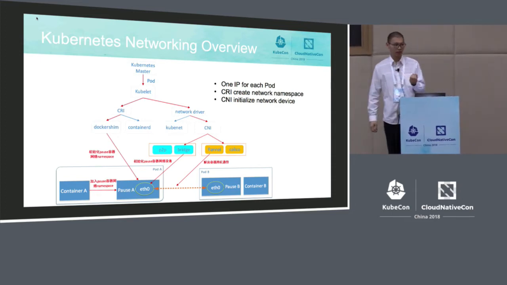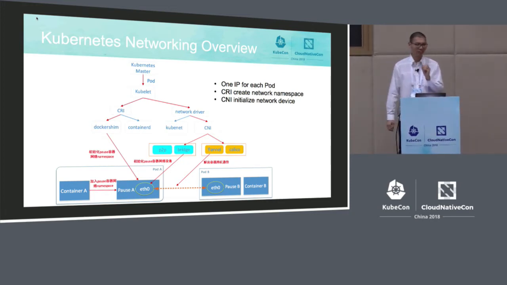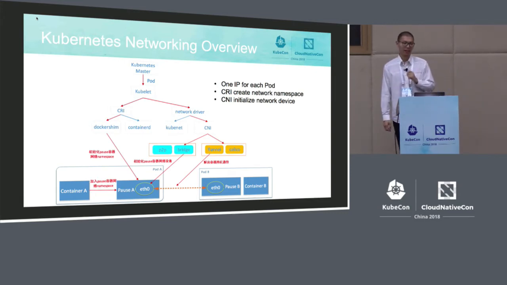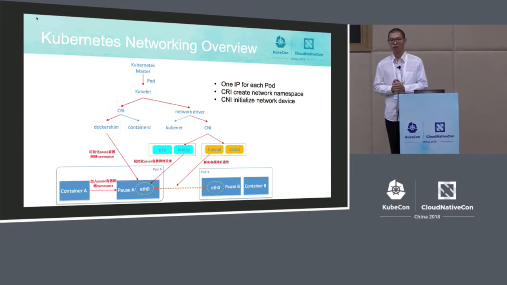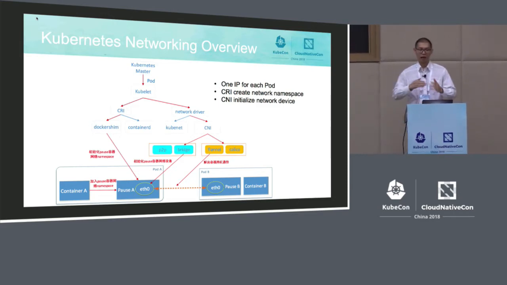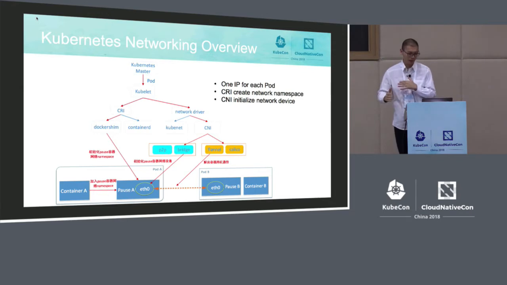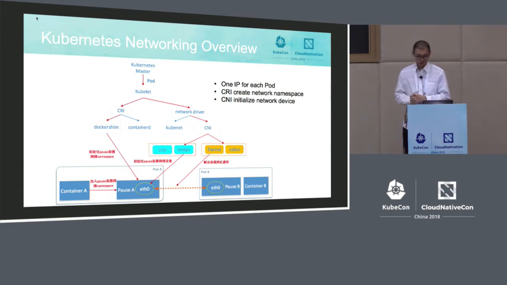When it's done, the container's lo is up and eth0 comes into existence, so node and container communication can be done, but pod-to-pod and node-to-node connectivity cannot be done. So we must have Flannel, Calico, overlay and underlay, all these layers. With this, we can create a tunnel or encapsulation to implement connectivity among the pods and nodes.